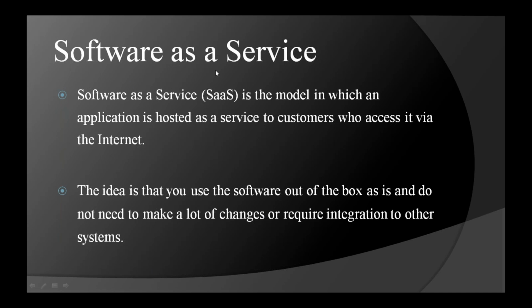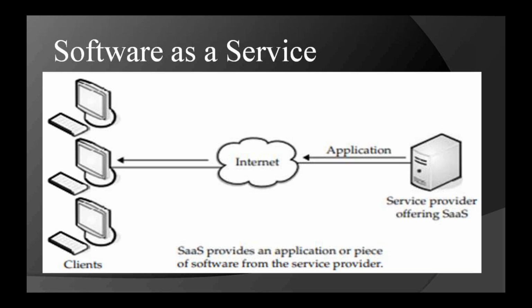So if I see it diagrammatically, here I have many clients, I have the internet service, and I have the service provider. Now what is the service provider offering here? It is offering the SaaS, and within SaaS it is offering the application. So here you have the definition: SaaS provides an application or a piece of software from the service provider.